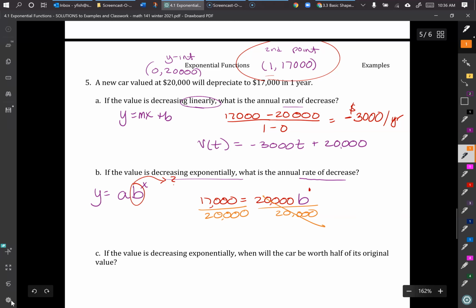Okay, so then I don't have the exponent to worry about on that one, but it comes out to be my base is going to be 0.85. So that means my rate of decrease is actually 100% minus the 85% would be 15% per year.